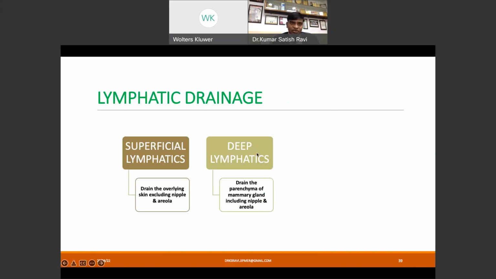Now, in the next diagram, we see the superficial lymphatics and the deep lymphatics. So the lymphatic drainage is divided into superficial and deep lymphatics. The superficial lymphatics drain the overlying skin, excluding the nipple and areola, whereas the deep lymphatics drain the parenchyma of the mammary gland, including the nipple and areola.